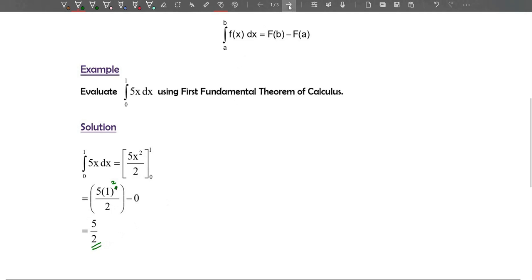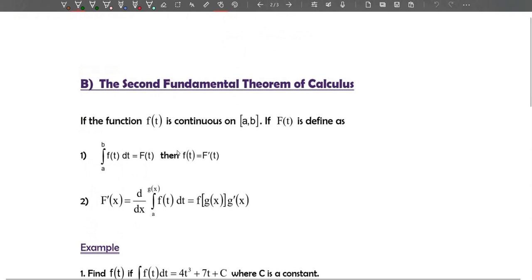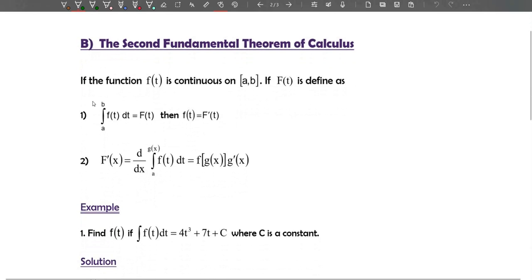Next, the second fundamental theorem of calculus is this one. If the function f of t is continuous on the interval [a, b], and F(x) is defined as the integral from a to x of f(t) with respect to t, then F(x) is equal to f(x), so F prime x is f(x).